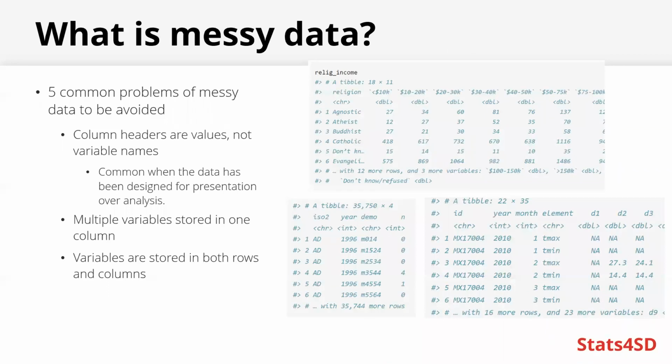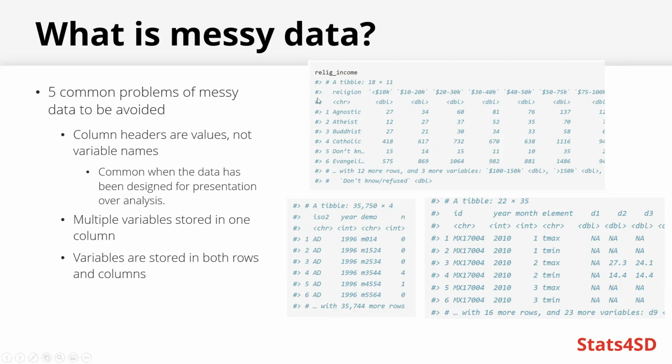So the point of tidy data is basically to combat what we would simultaneously call messy data. And there are quite a lot of ways in which data could be considered messy. For example, something you do see quite a bit, when the data you have taken was designed for presentation rather than analysis, is that column headers are values and not explicit variable names.